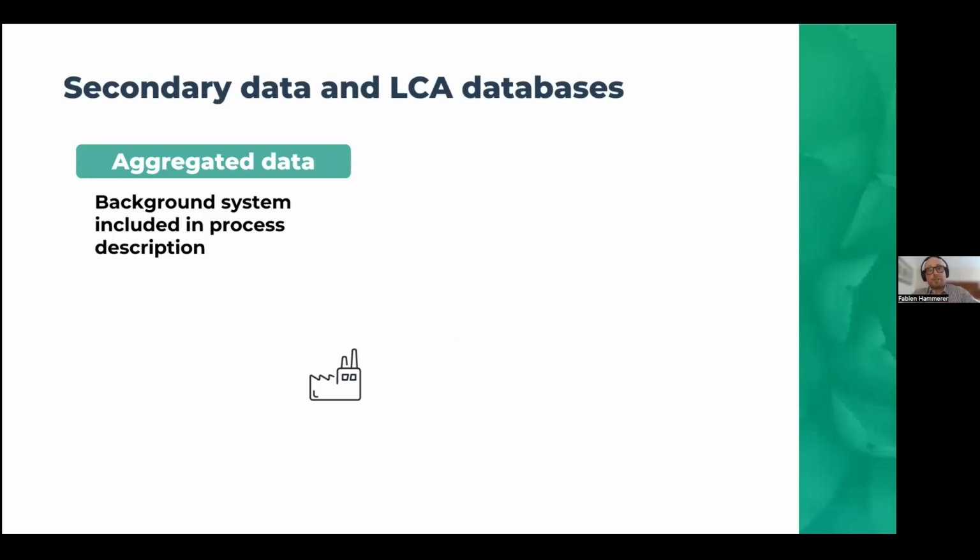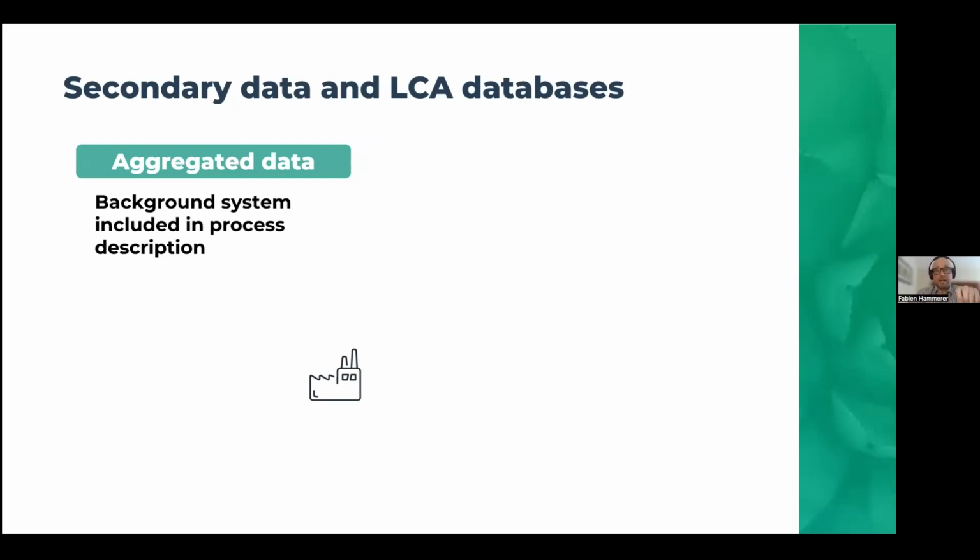So talking a little bit about secondary data and LCA databases, they have the immense convenience that they present aggregated data. What I mean by that is that the background system is included in the process description that you will select or take from that database. So if you look at a given process, that could be, for example, making the wheel of the tractor.